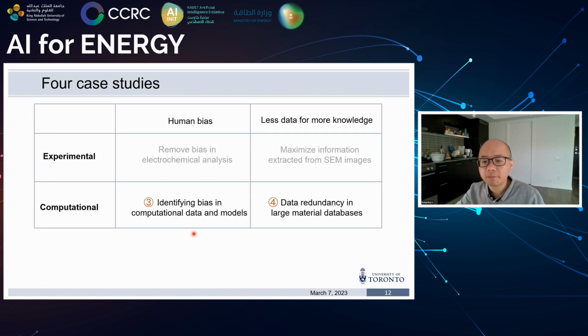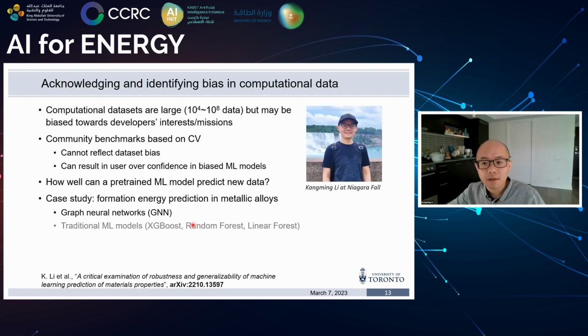So far we have been discussing the experimental analysis, and in the next two case studies, we will turn our focus to the computational data. Compared to the experimental dataset, computational datasets tend to be larger, containing up to millions of data points.